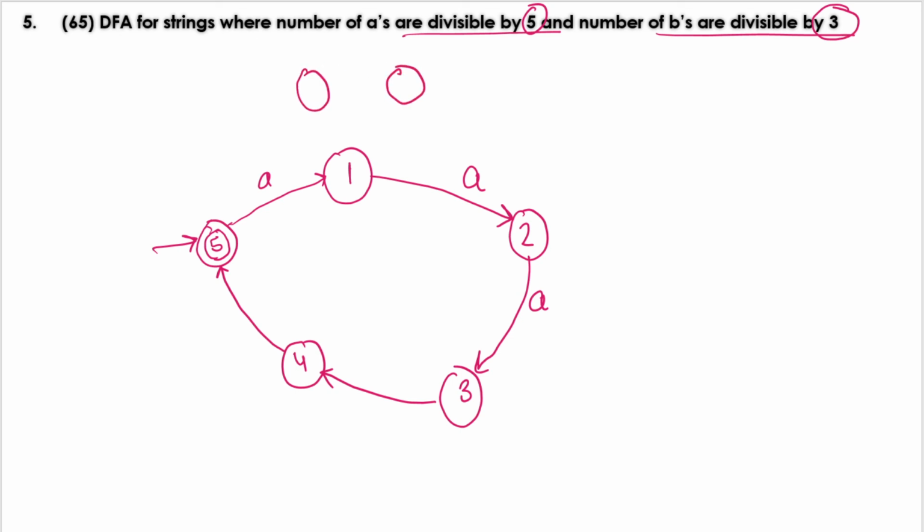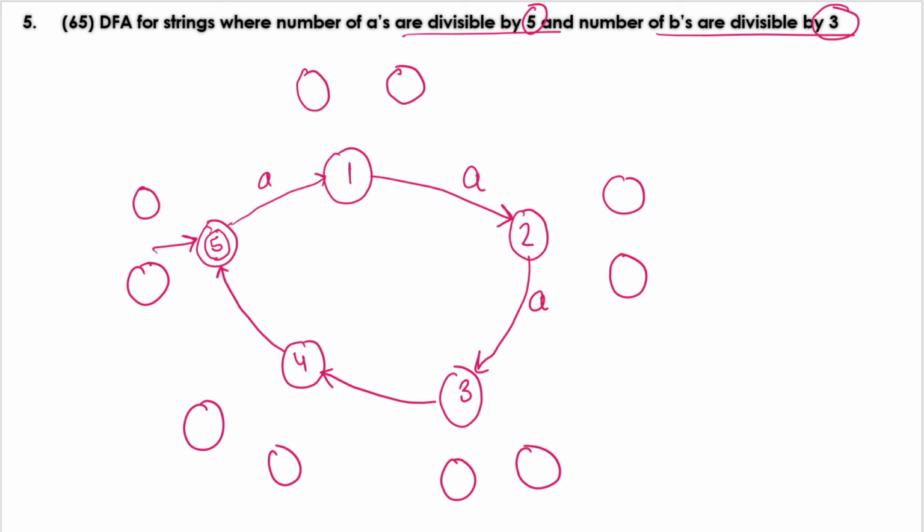In the previous question the number of B's was divisible by 2, so we were taking just one extra state. Now we need to take 2 extra states from each and every state to make the cycle of B. So just make the cycle for the number of B's as a multiple of 3, or divisible by 3.